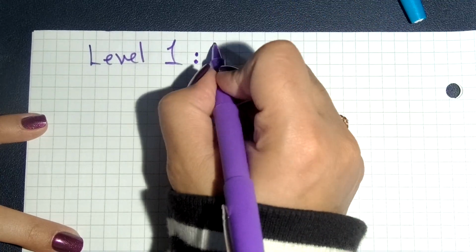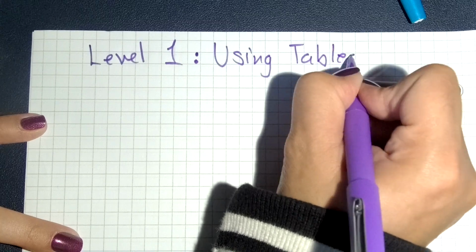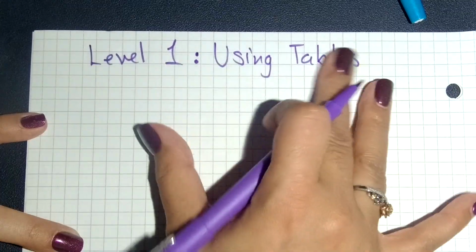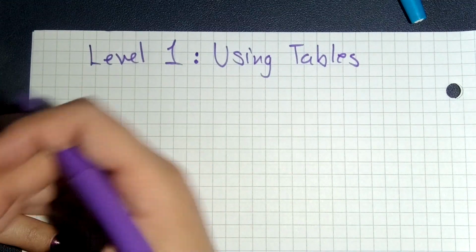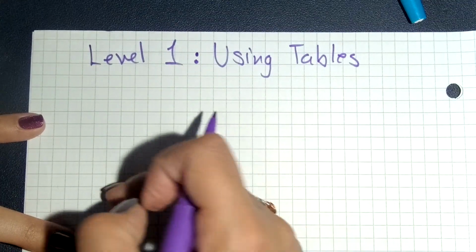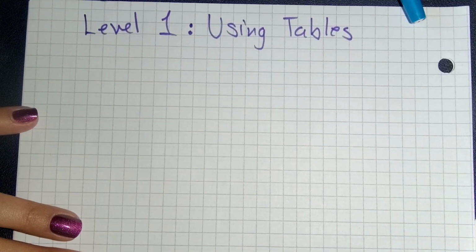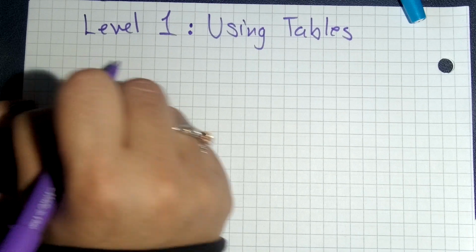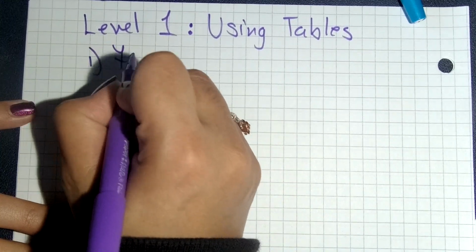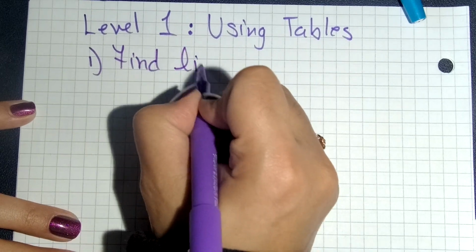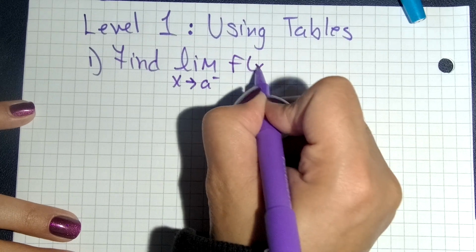All right, so for level 1, you're going to use a table. I'm going to give you the rules for level 1 here, then we're going to practice level 1, then do the level 2 rules, and then practice level 2. So for level 1, you're going to have a table, and you need to find the limit as x approaches a from the left of f of x.